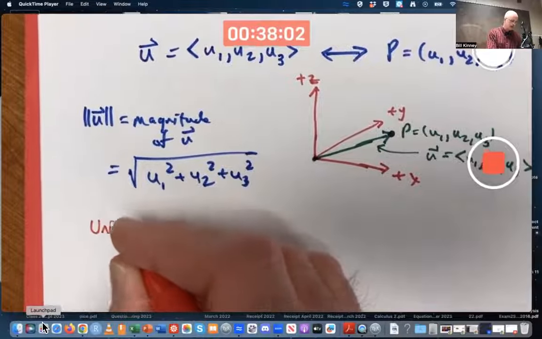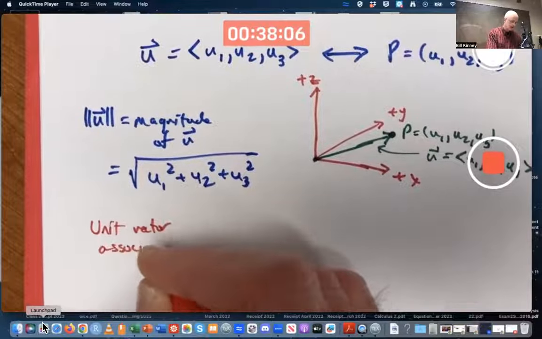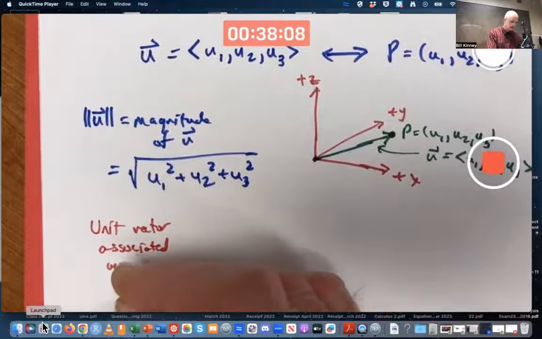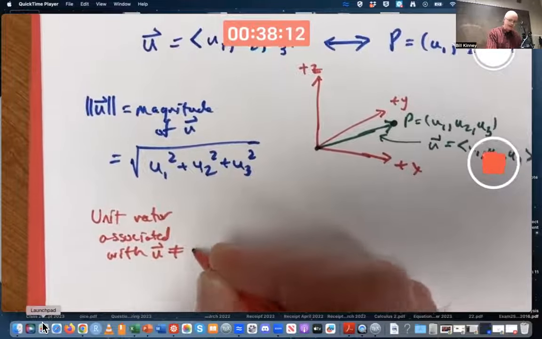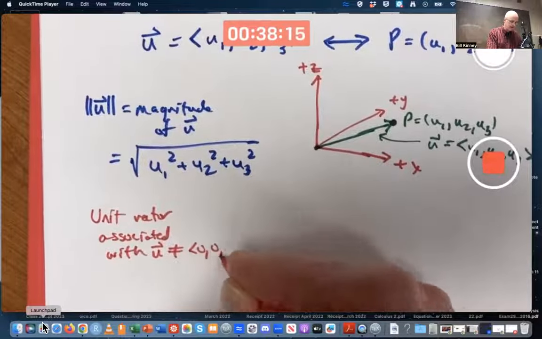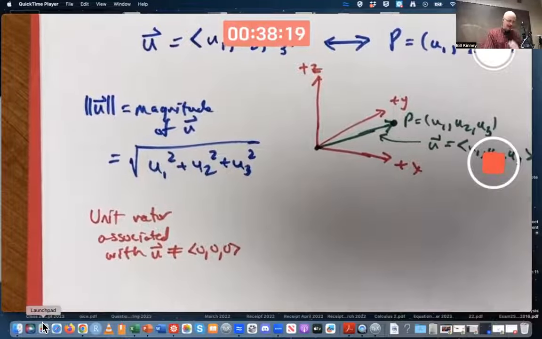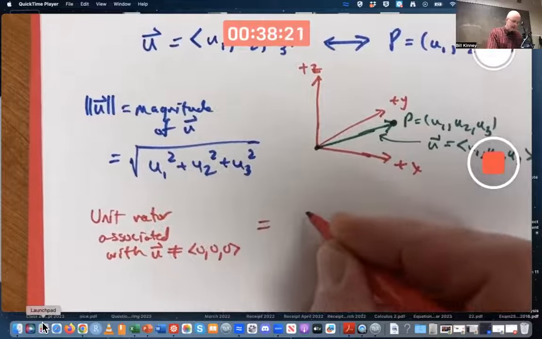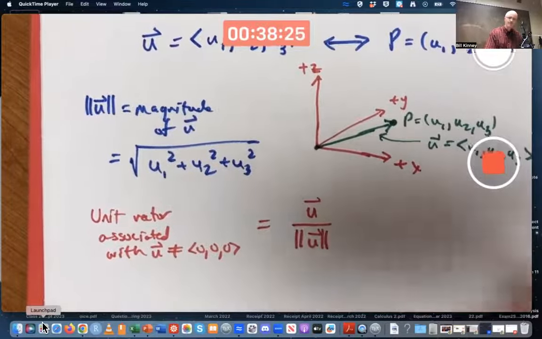The unit vector associated with u, as long as u is not the 0 vector, not equal to 0, 0, 0, so that I'm not dividing by 0, is obtained by taking u and effectively dividing by its magnitude.